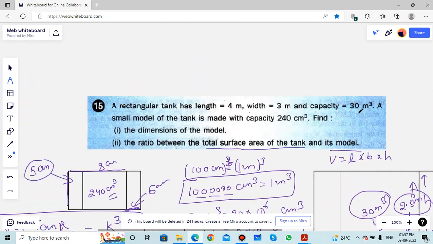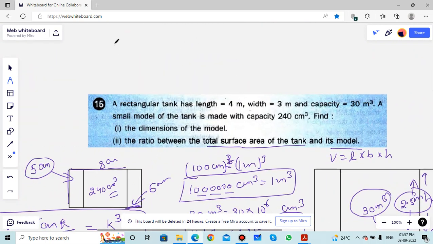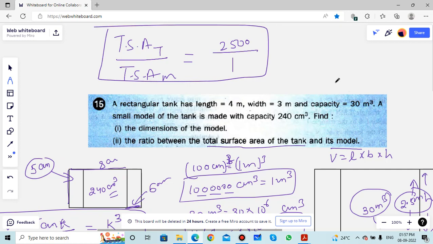So I can write it here. Ratio of total surface area of tank upon total surface area of model is 2500 upon 1. This is the ratio. This is the answer for it.